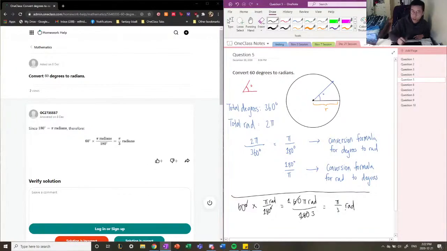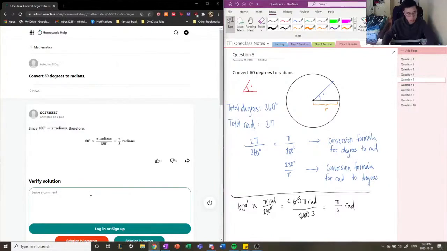Okay, so that's how you convert from degrees to radians, and if you want to convert from radians to degrees, you will use this conversion formula. We found this conversion formula based on the total degrees of a circle and the total radians of a circle. Okay, so this solution is correct. Yes.